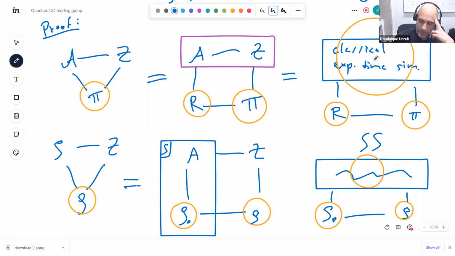But I think the computational variant of this is probably less useful, because I find this theorem particularly useful for reusing existing results where you didn't have to care about quantum nature at all. While in this, I'm not sure this post-quantum UC, as I just called it, is actually simpler to handle in the proofs, because you still need to think about the quantum nature of the environment.